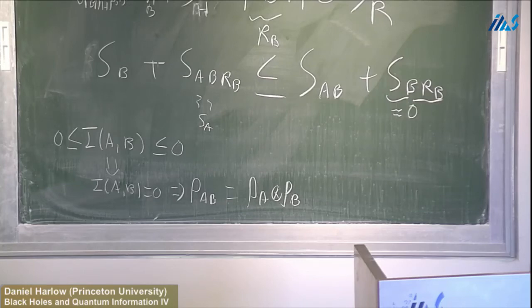So apparently having the evaporation process be unitary, if these assumptions are correct, says that these modes inside and outside the horizon have to be completely uncorrelated, which means there's a firewall. So that's the AMPS argument from the 2012 paper.